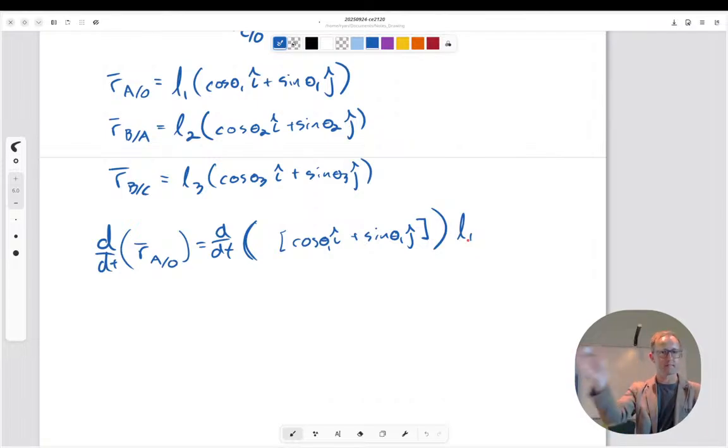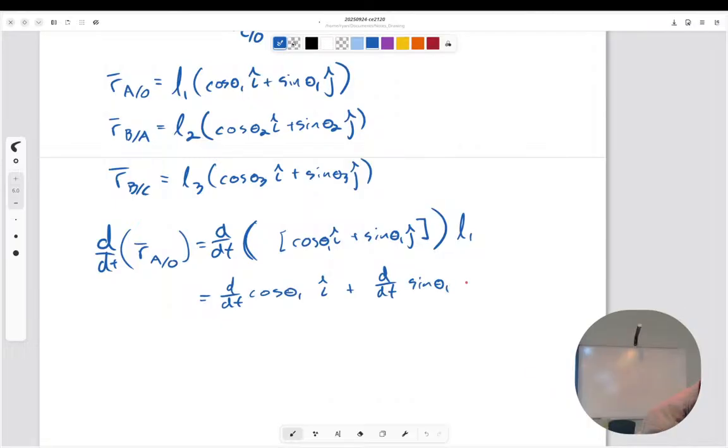So we can just focus on theta. So it would just be the derivative of cosine theta 1 plus the derivative of sine theta 1, all times L1.